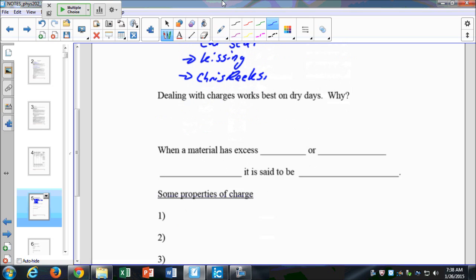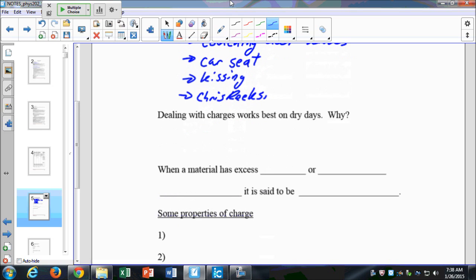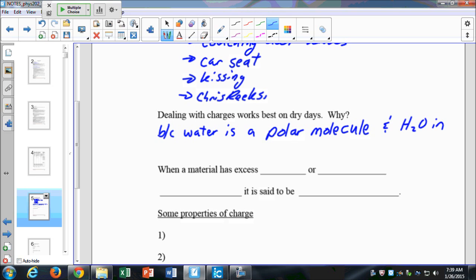Okay. Let's see. Dealing with charges works best on dry days. Why? The reason is, I already said this, because water is a polar molecule, and the water in the atmosphere takes away excess charge.